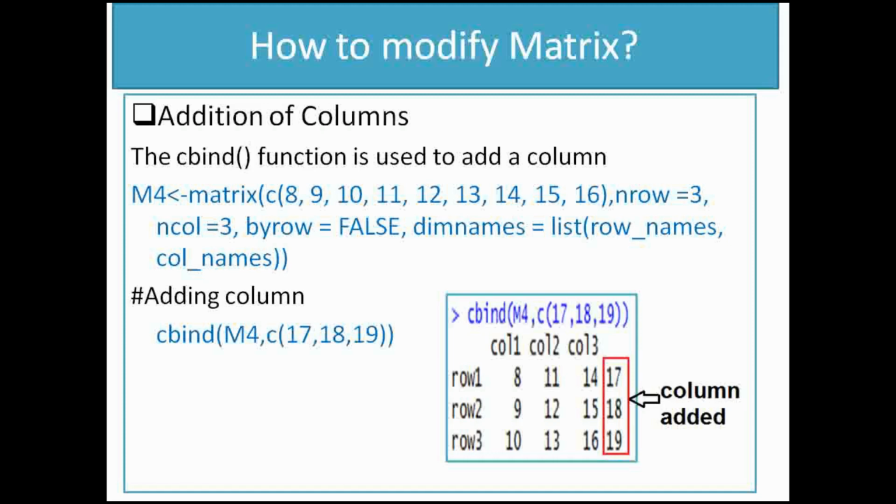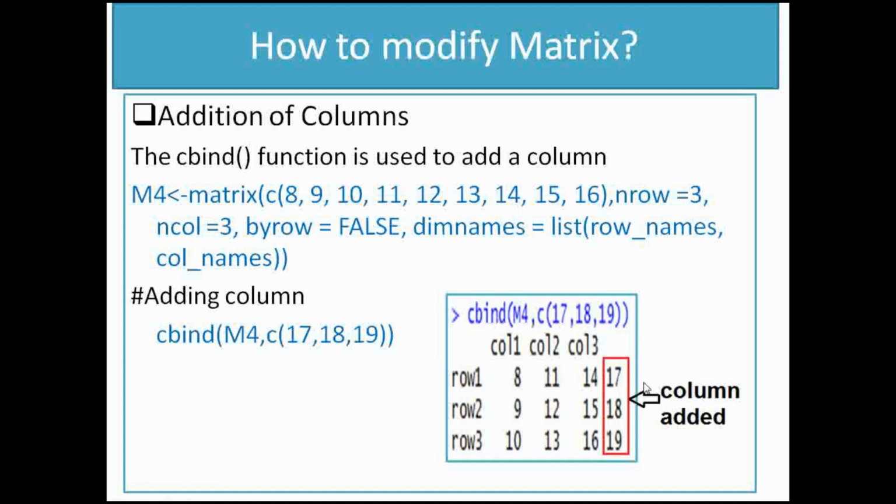Here also we have to give the name of the matrix first, then the vector where we give the elements we want to add as a column. So cbind, then the name of the matrix, then the c function, and within it the elements. Here you can see that after using the cbind function, we get that particular output.